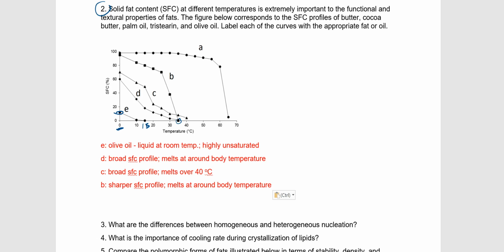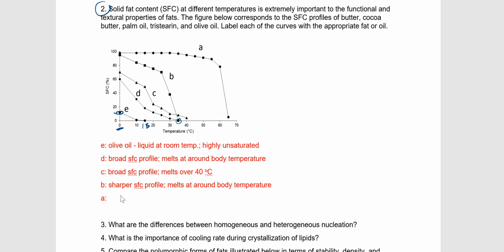Let's look at A. As you see, A has the sharpest profile. It goes almost straight and then suddenly falls to 0.